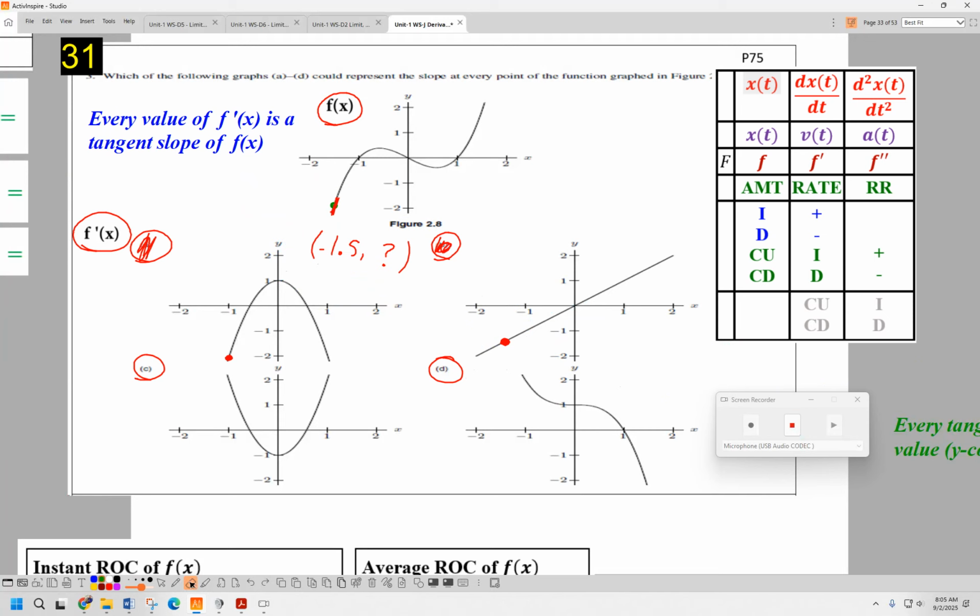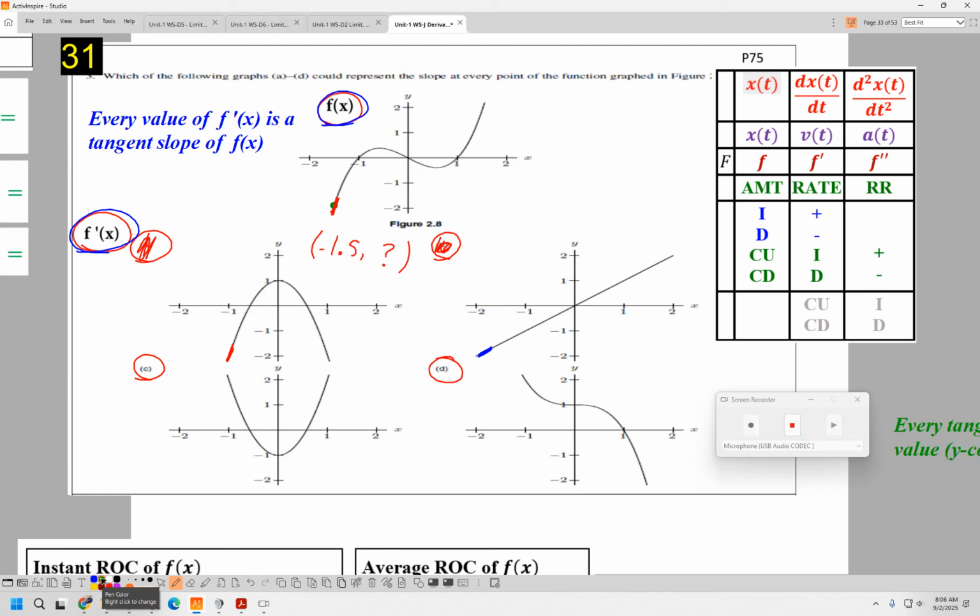So the slope right here on A and B, the slope here on A, B, absolutely positive. That slope is positive. This slope over here on B is also positive. But when we're trying to see how the graph of f corresponds to the graph of f prime, we're not looking at slope on f prime. We're looking at slope on f.